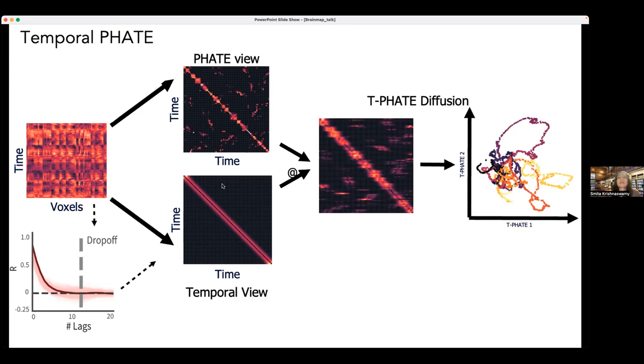If you combine these two, this temporal kernel with the PHATE kernel, by multiplication, you get a new T-PHATE diffusion operator. And this operator diffuses both in time and in space.